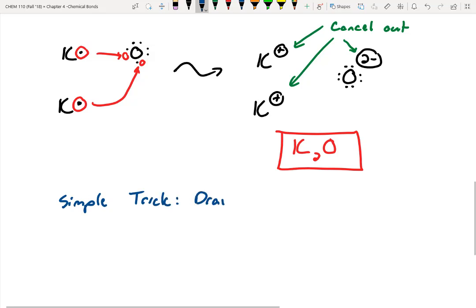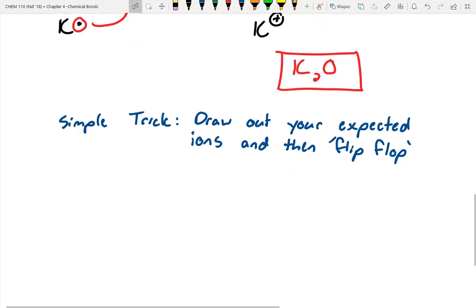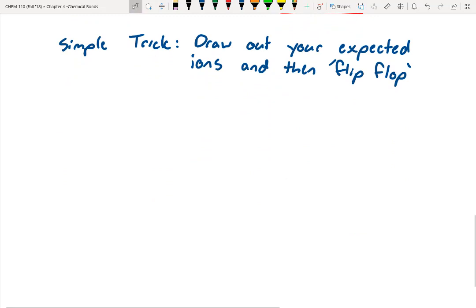I'll show you another trick, though. The trick is to draw out your expected ions, and then do something I called flip-flop. Pretty fancy science term. So I'll show you what I mean.